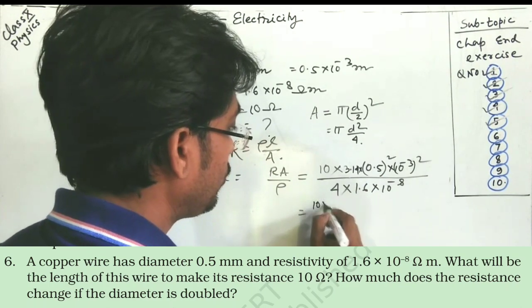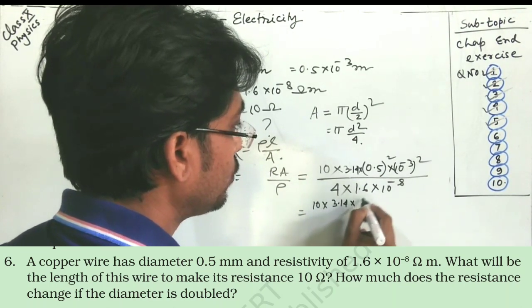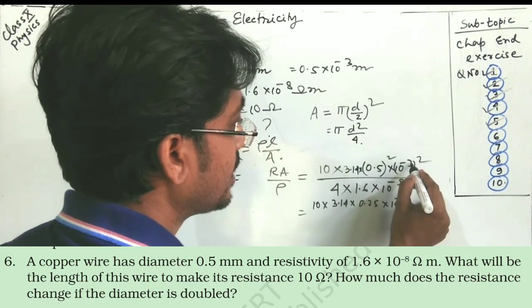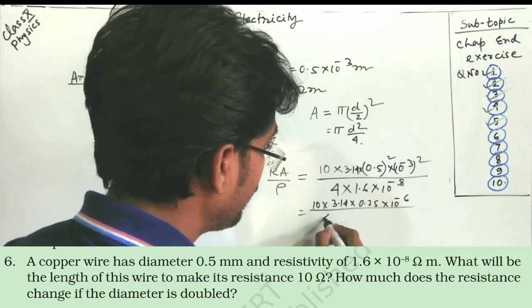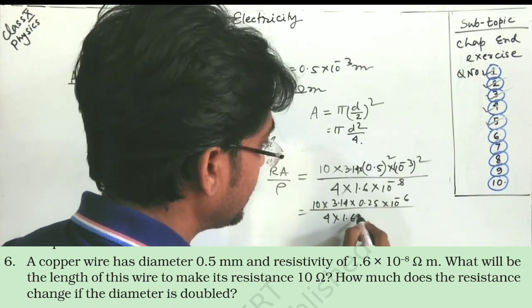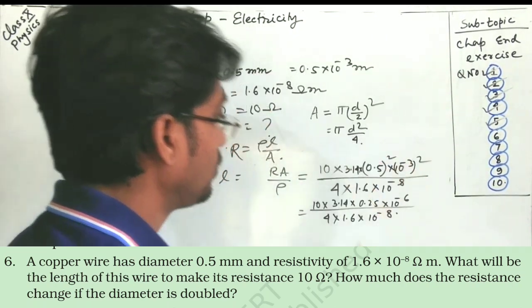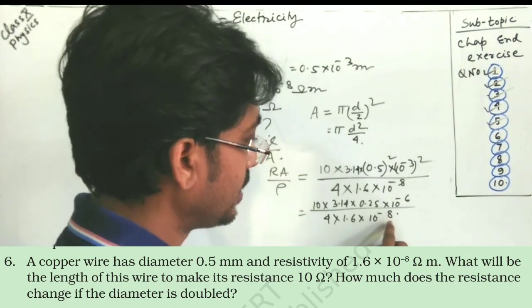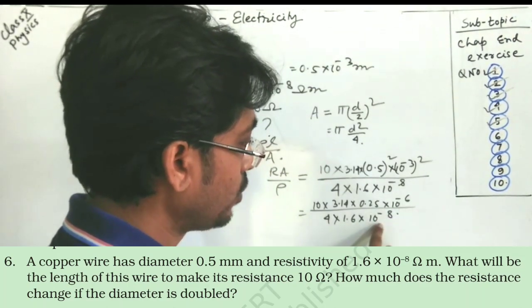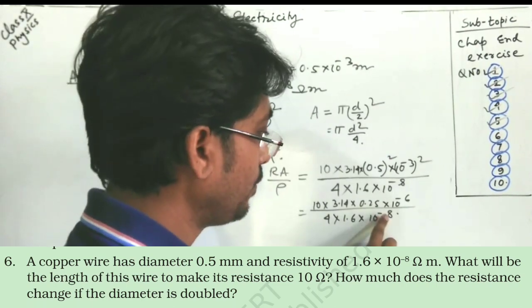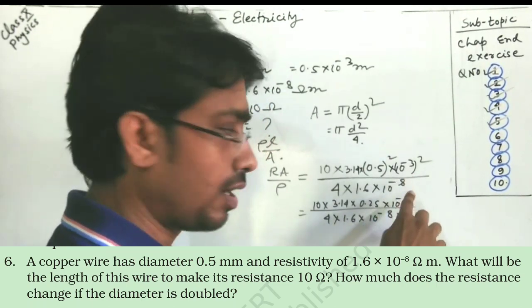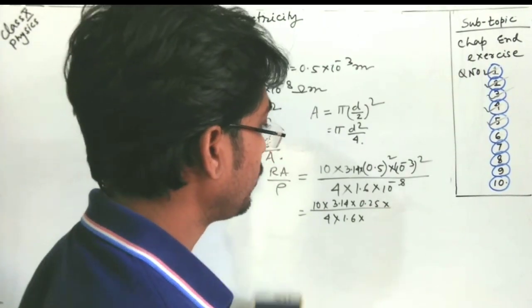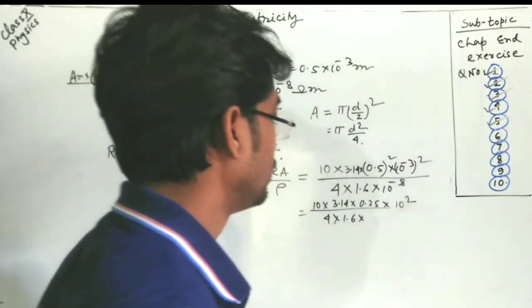So 10 into 3.14 into 0.25 into 10 to the power minus 6, then 4 into 1.6 into 10 to the power minus 8. Now calculate: 10 to the power minus 6 over 10 to the power minus 8 will be 10 to the power 2.